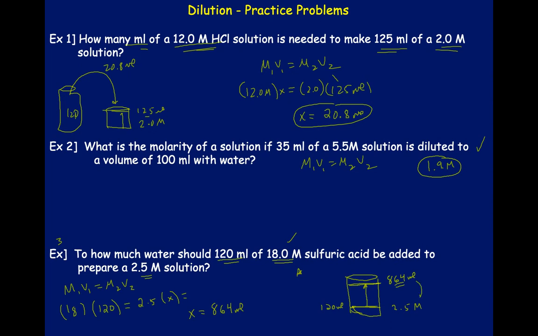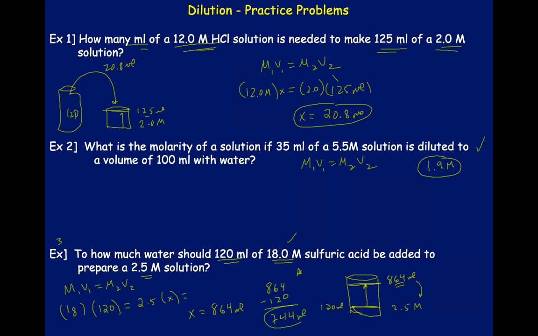Because at 864, I will then be at 2.5 molar. So you guessed it. I have to find this difference: if I already have 120 and I need to get to 864, I take 864 minus 120, which is 744 milliliters.